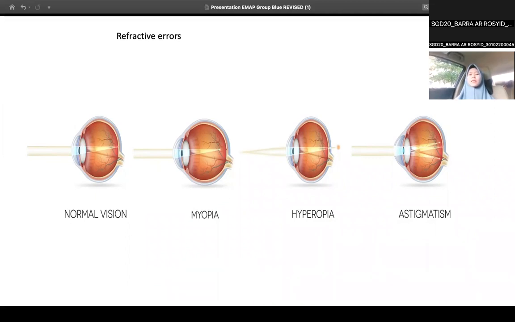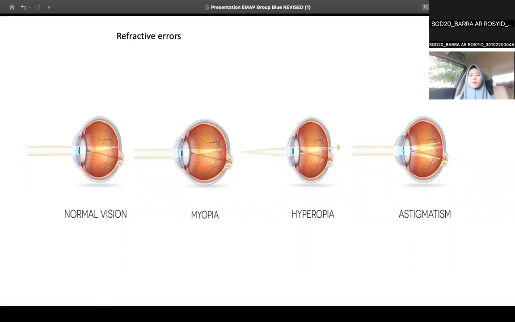Refractive errors are estimated to be common around the world. 2.3 billion people globally have one or more refractive errors affecting their sight. There are four main types of refractive errors. First, myopia or nearsightedness means difficulty seeing things that are far away.